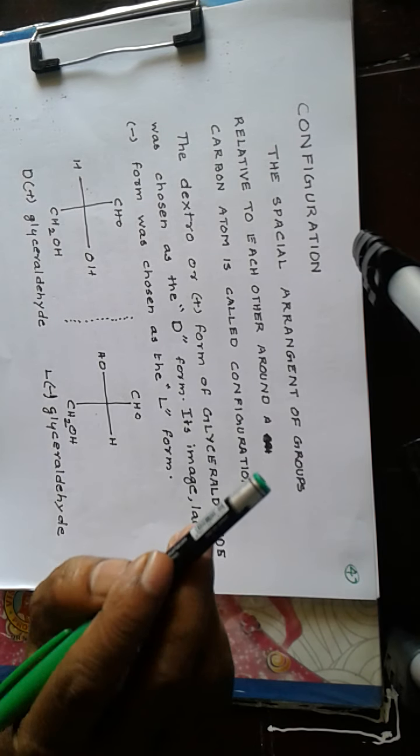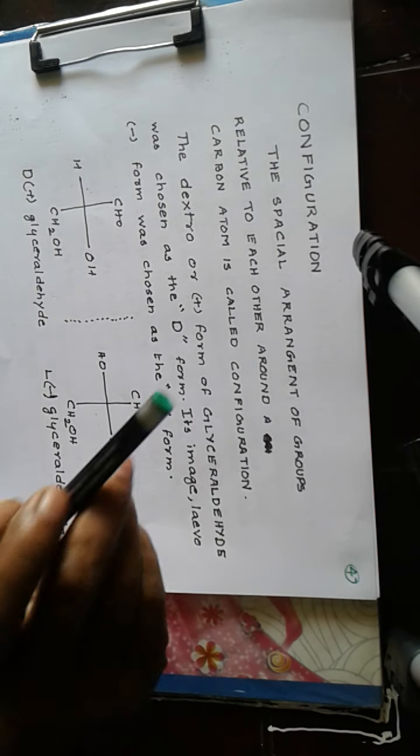Now a molecule called D plus glyceraldehyde was chosen as the standard. It happens that the optical rotation of capital D glyceraldehyde is positive, meaning dextro, and the negative means levo.